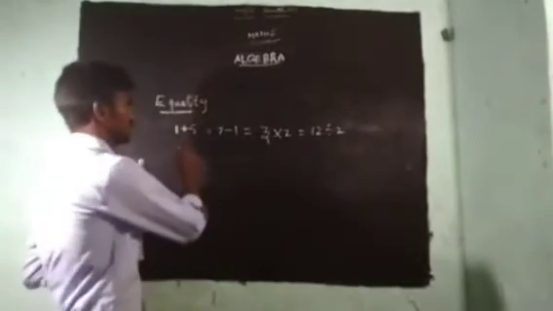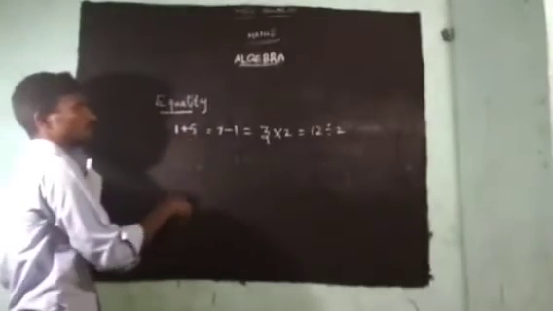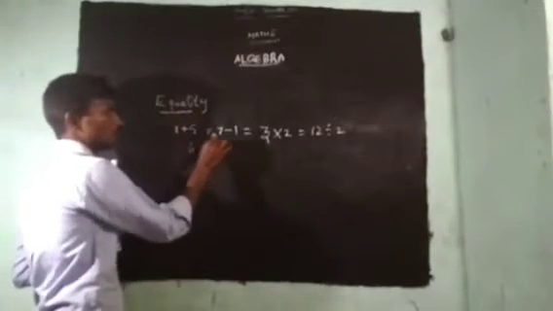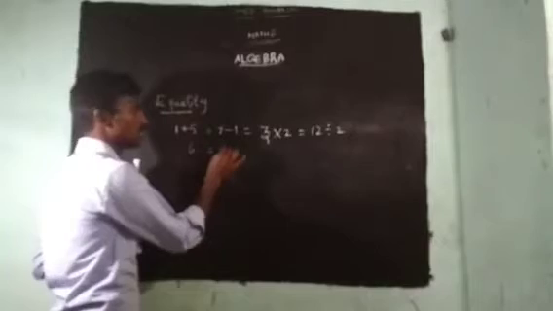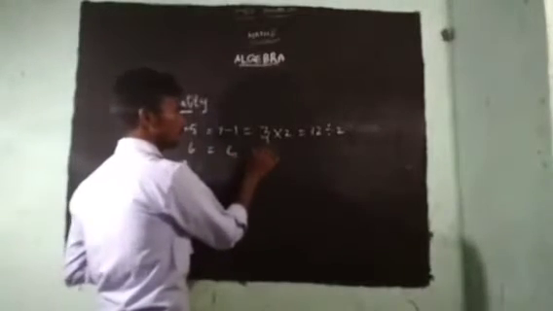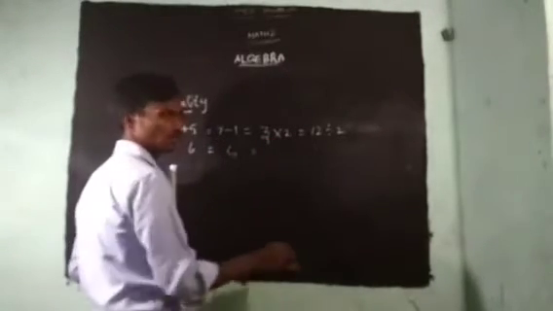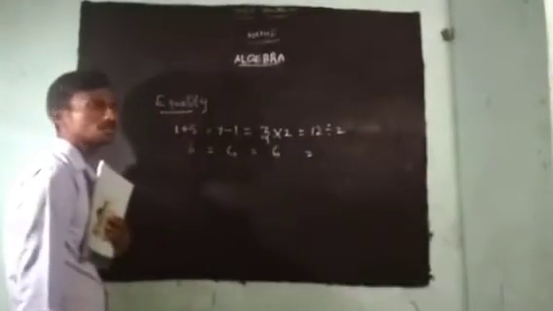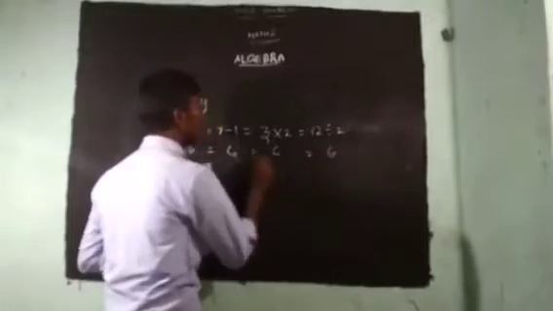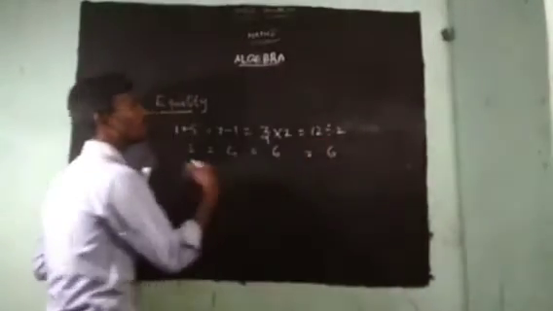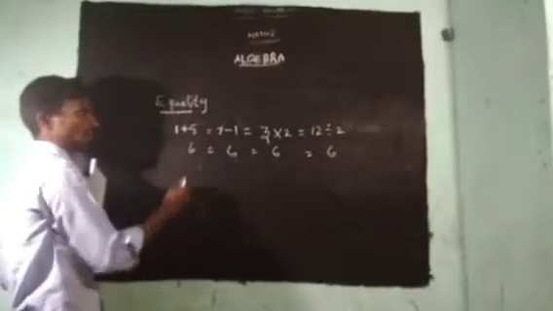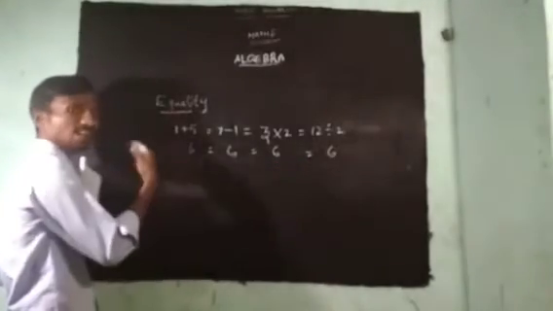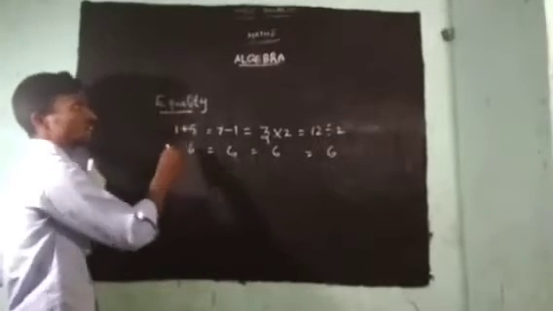Just see the sum. 1 plus 5 is equal to what? 6. 7 minus 1 is 6. 3 into 2 is 6. 12 divided by 2 is also 6. So by doing different types of calculation or manipulation, we get the same answer. Then it is called an equality.